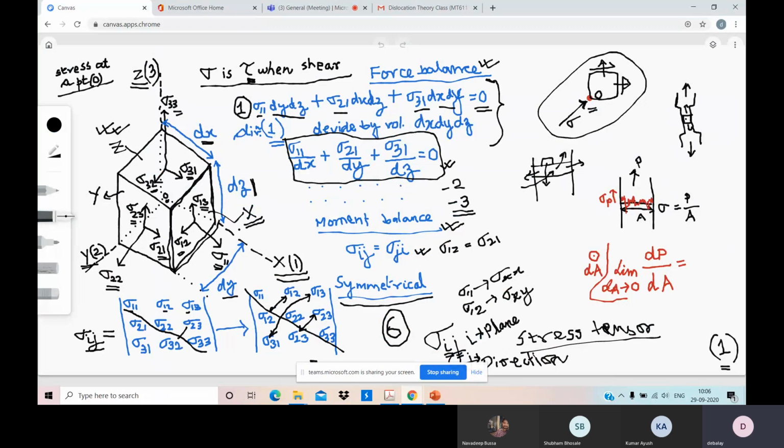Force balance gives certain equations that we have derived. Moment balance tells that sigma ij equals sigma ji. So the stress tensor is symmetrical. Therefore, if you know the 3 normal components and any 3 shear components, you can write down the entire stress tensor. So there are 6 independent stress tensor components.